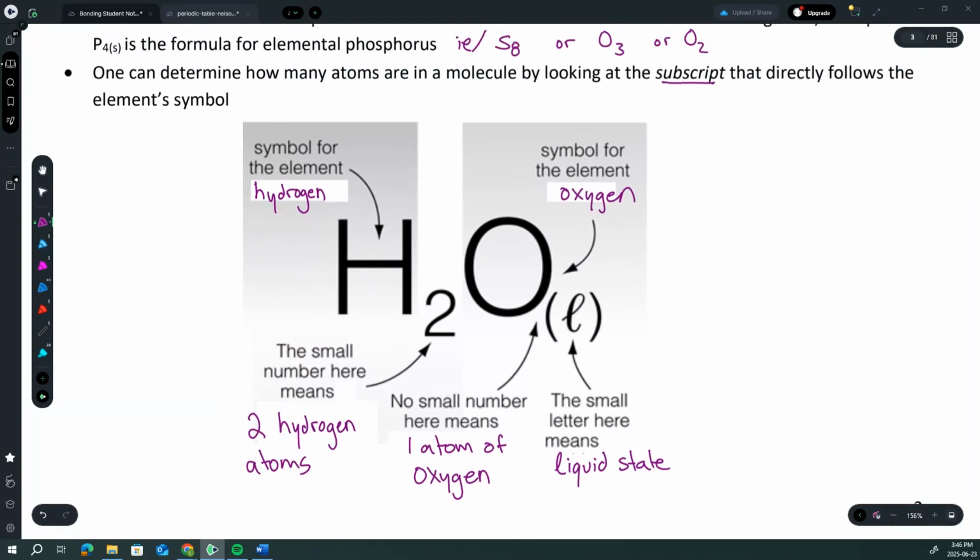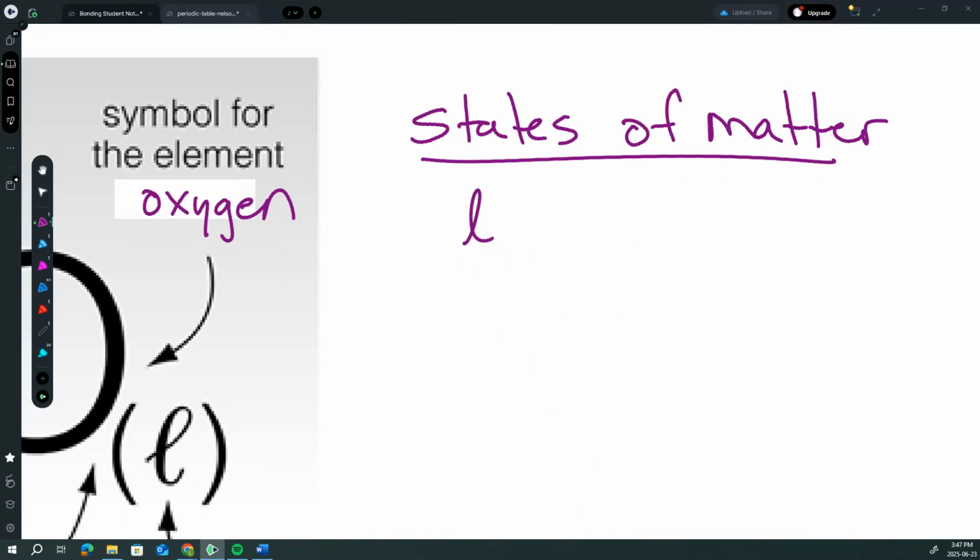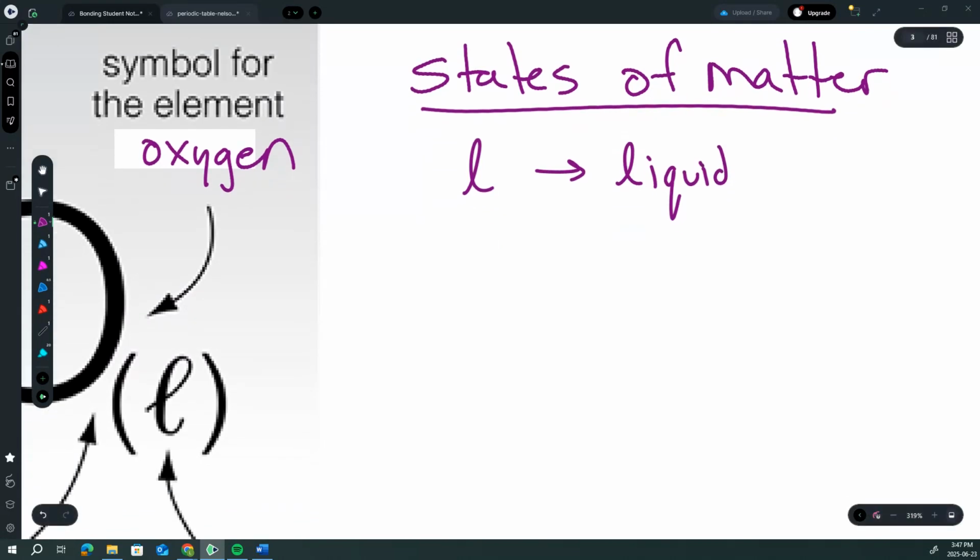Now, while we're talking about states, I just want to cover what all the states are that we will be going over in this course. So for our states of matter, here are our options. L, obviously, means liquid. AQ means aqueous.